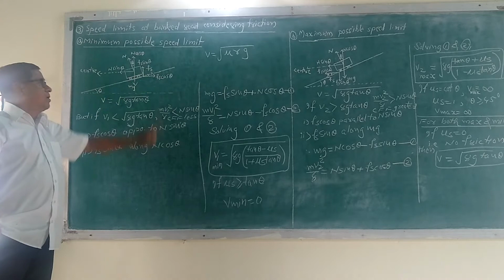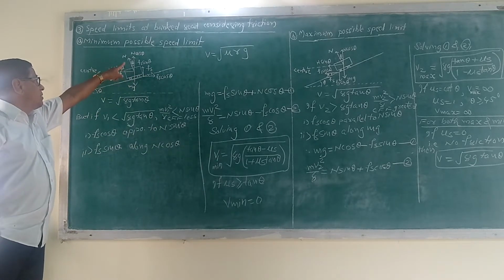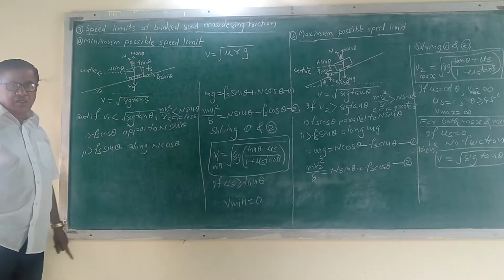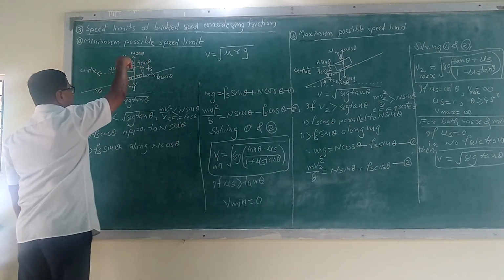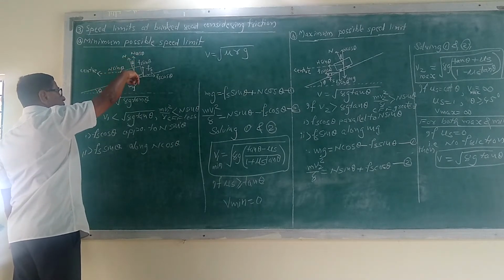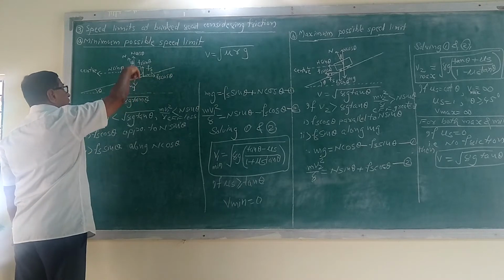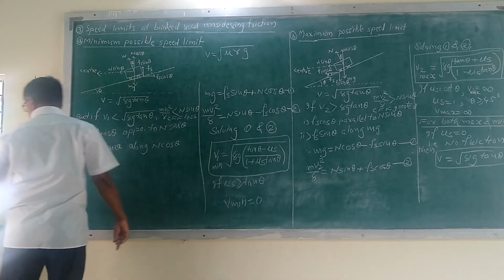Now the normal reaction N has two components, n cos theta and n sin theta. This N is perpendicular to the road surface, and that can be drawn in this manner.